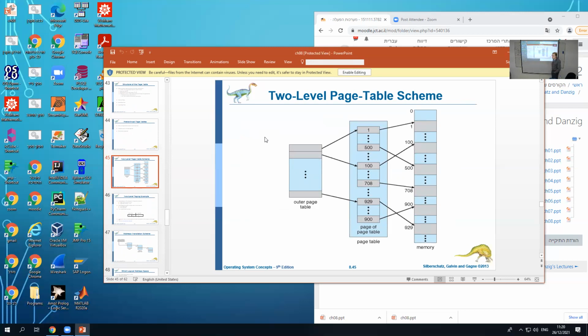Is it physical memory or logical memory? Where is the logical memory? I think this is physical memory, but we're using it as logical. Well, no, these are the page table pages.